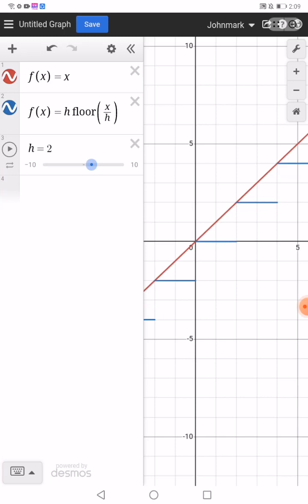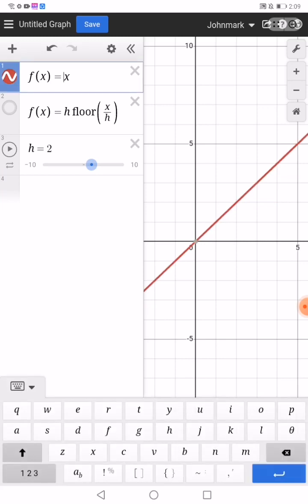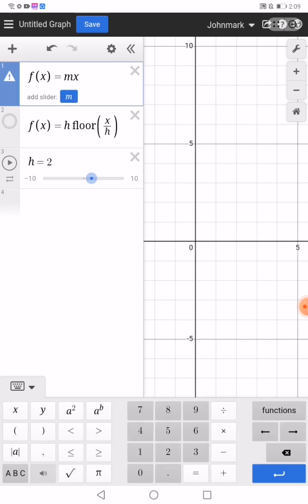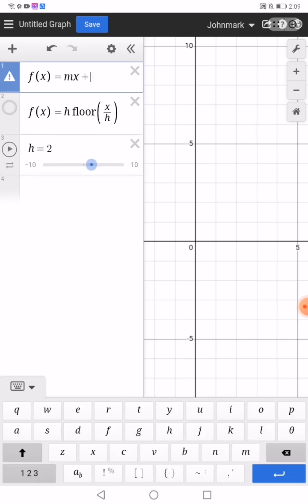We'll try to change this one into a linear function, a linear continuous function. If you remember, on a linear continuous function, we have mx, where m represents the slope, plus the y-intercept.